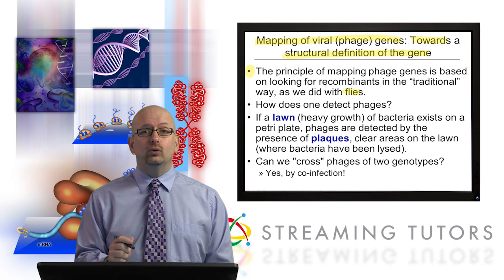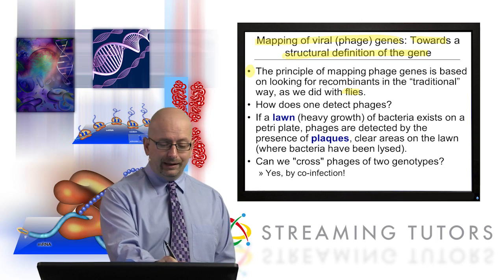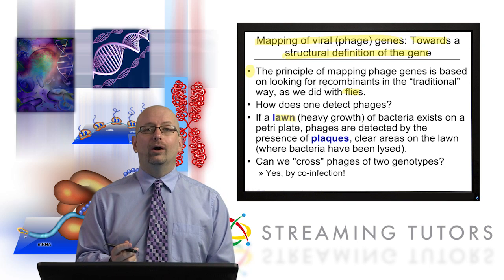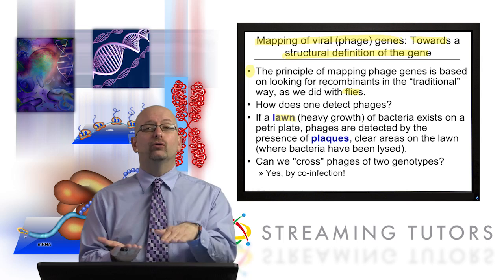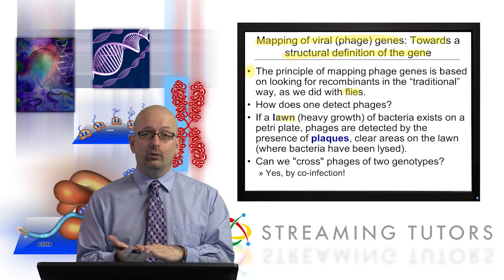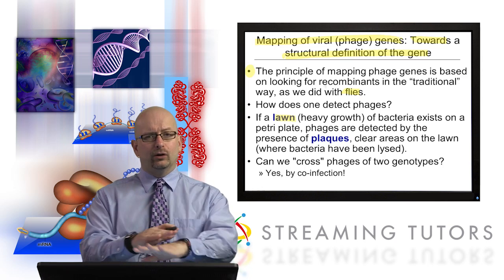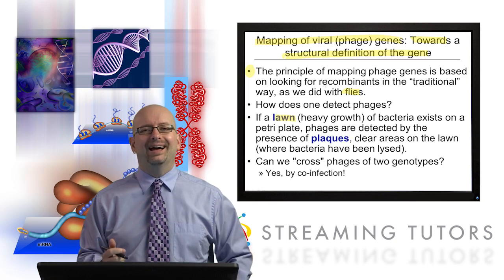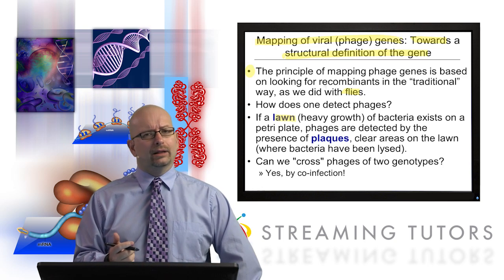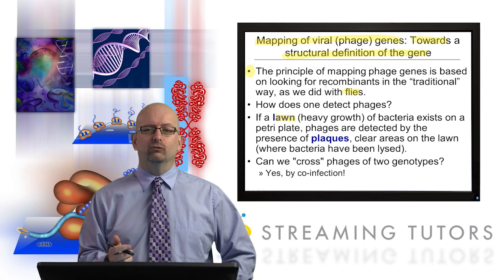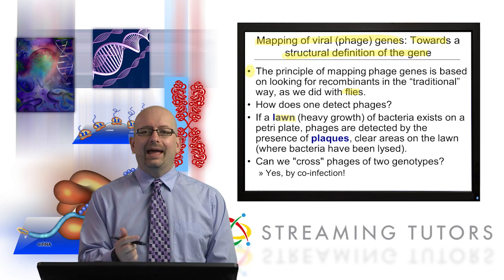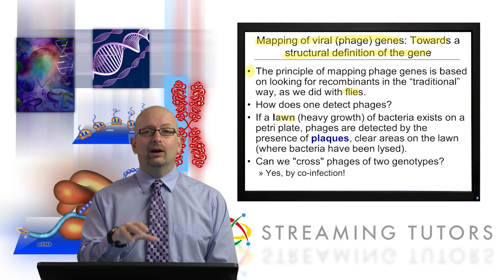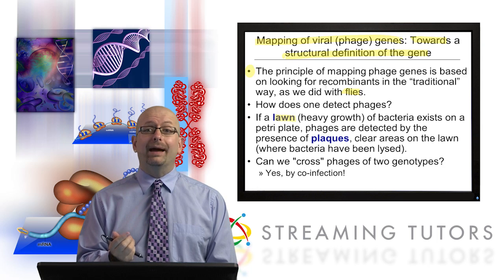What we basically do to, quote, grow phages is to use a so-called lawn. A lawn of bacteria just means heavy growth. Sometimes it's called confluent growth. They call it a lawn because you could think of nice lush grass, unlike the one outside of my house. When phages are growing there, what they're really doing is destroying the bacteria.